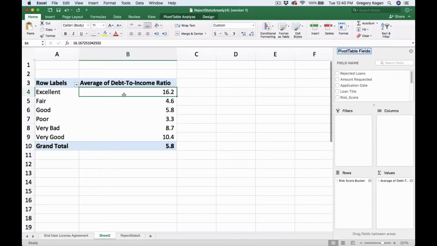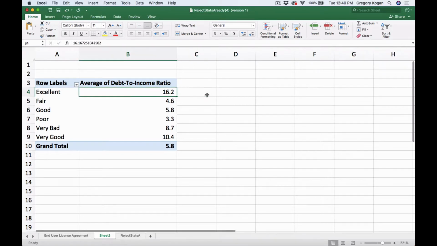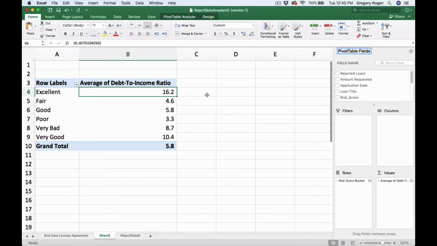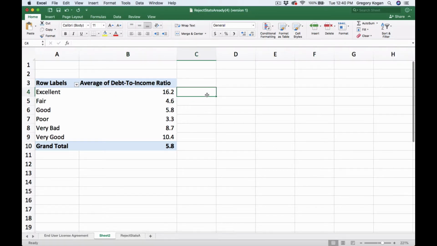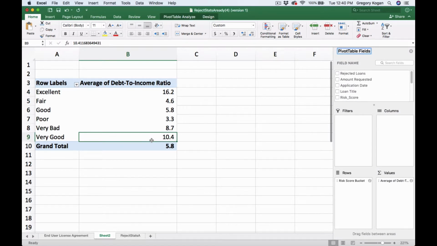So people with excellent credit, very interesting, spend over 16% of their monthly income supporting debt financing, and then very good is 10.4, and then very bad, you could see people literally have less access to credit.